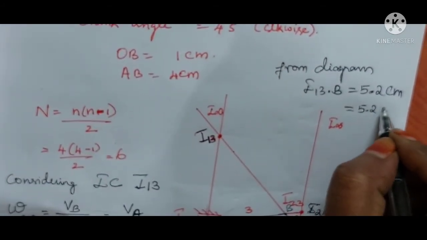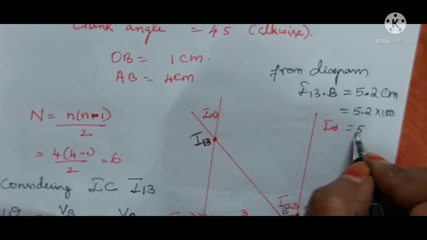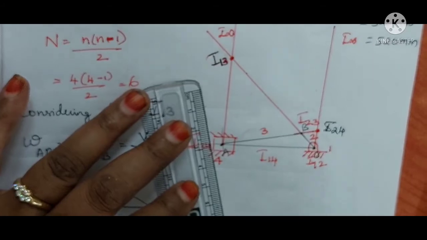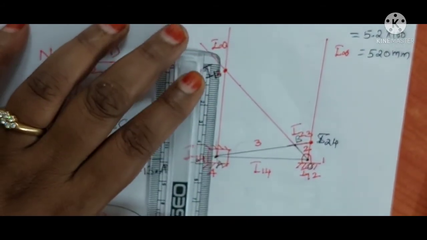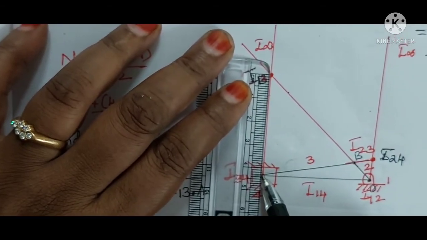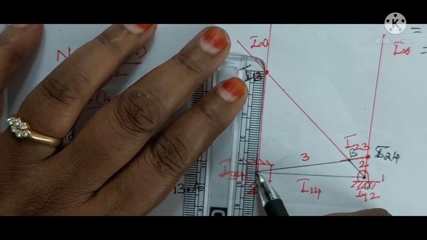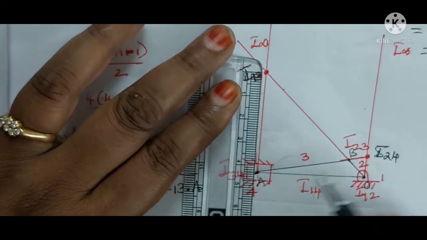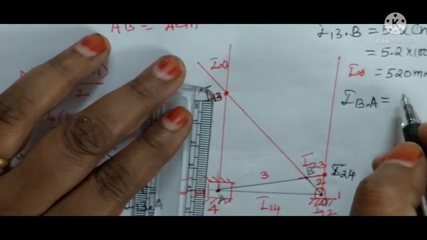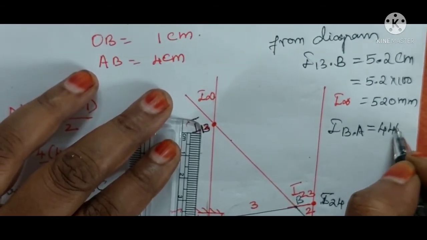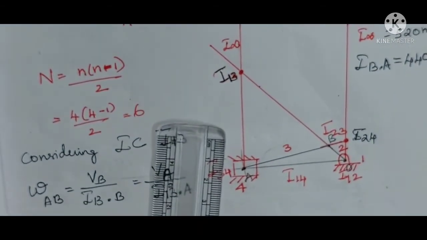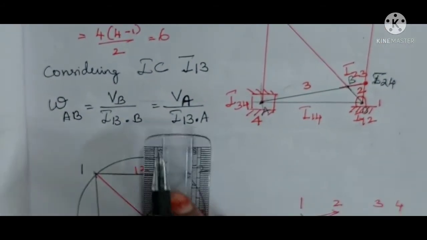So 5.2 into 100, you will get 520 millimeters. That is I13 dot B. Then I13 dot A, again measure from the diagram. So it becomes nearly 4.4. So 4.4 into 100, you will get 440 mm. So these are the values you are getting from the diagram.